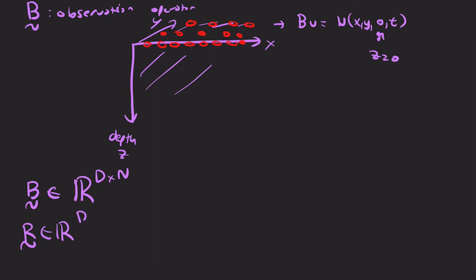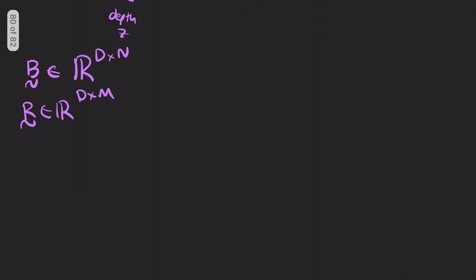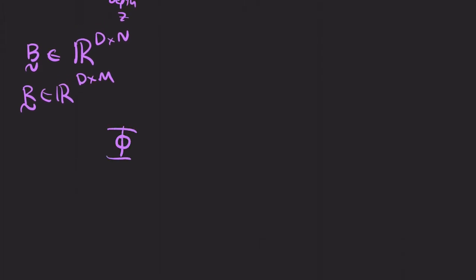It outputs the data dimension. Okay, so I'm going to go ahead and drop these tildes now because we're discrete for the rest of this video.